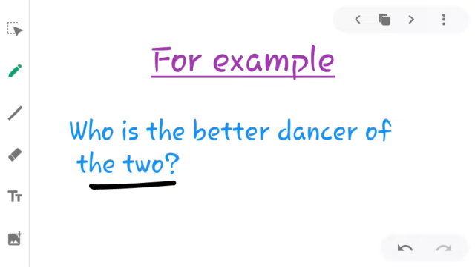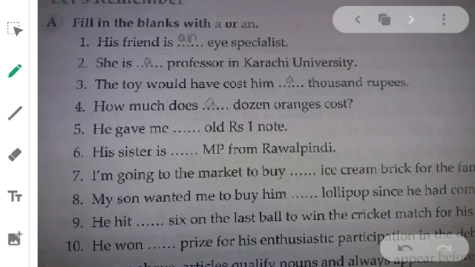We are comparing both dancers, and for this comparison we are using the word better as an adjective. It's a comparative form of the adjective, so we use the before it to make it more specific. So we use the before the comparative degree and before the superlative degree, and to refer to anything.